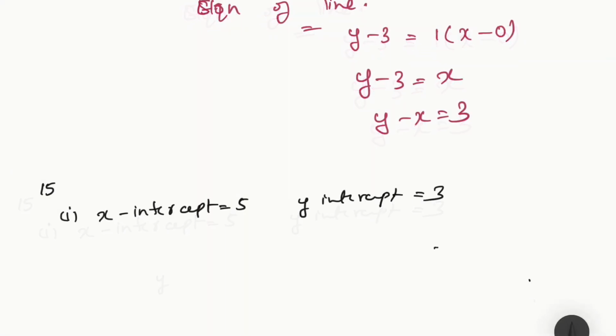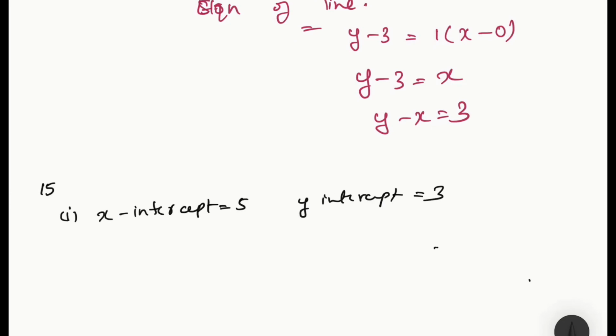If the x-intercept is 5, the corresponding point on the x-axis is (5, 0), and the y-intercept is given to us as 3, right?